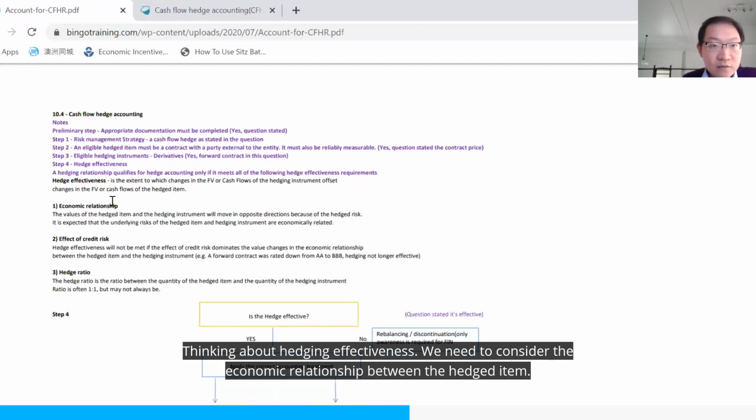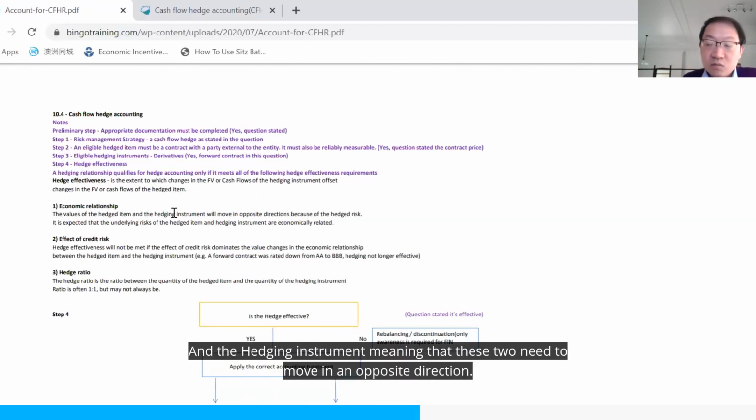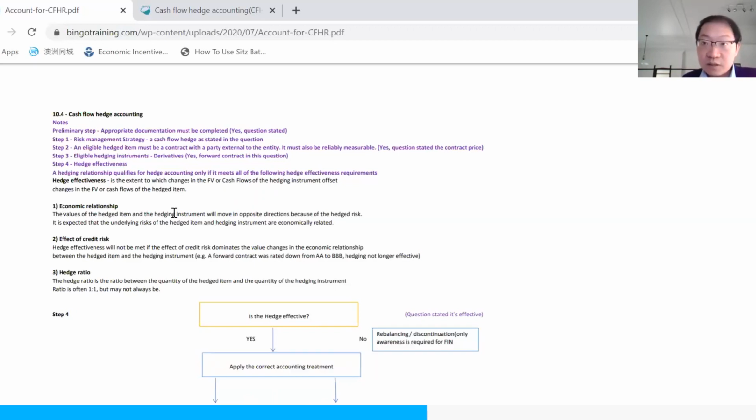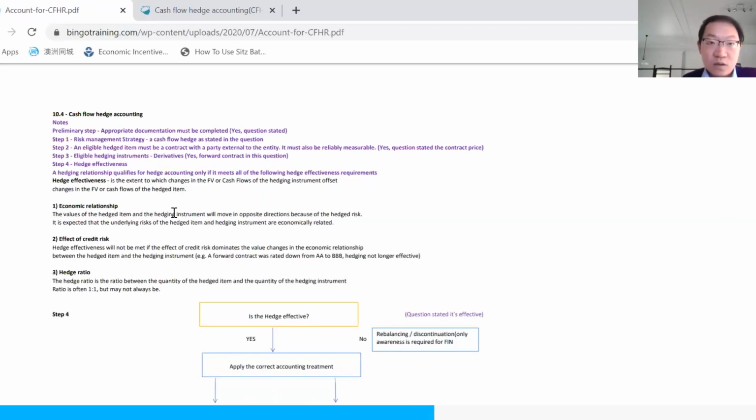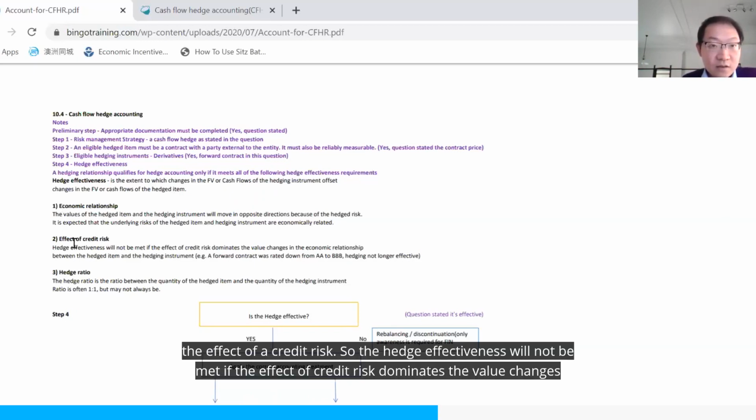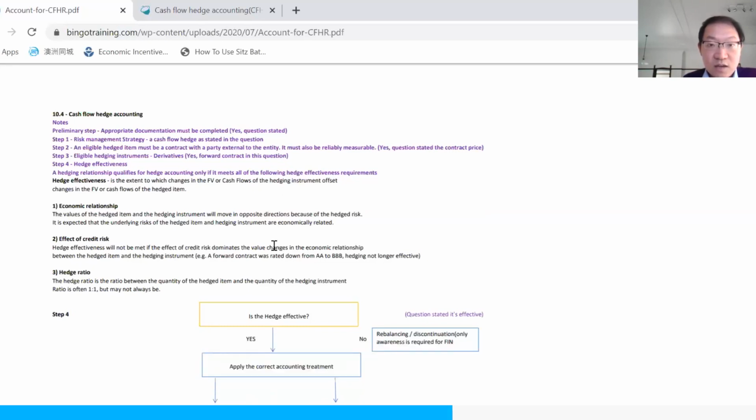Thinking about hedge effectiveness, we need to consider the economic relationship between the hedged item and the hedging instrument, meaning that these two need to move in opposite directions in order to be able to hedge against one another. Then the effect of credit risk: hedge effectiveness will not be met if the effect of credit risk dominates the changes in values of this economic relationship.